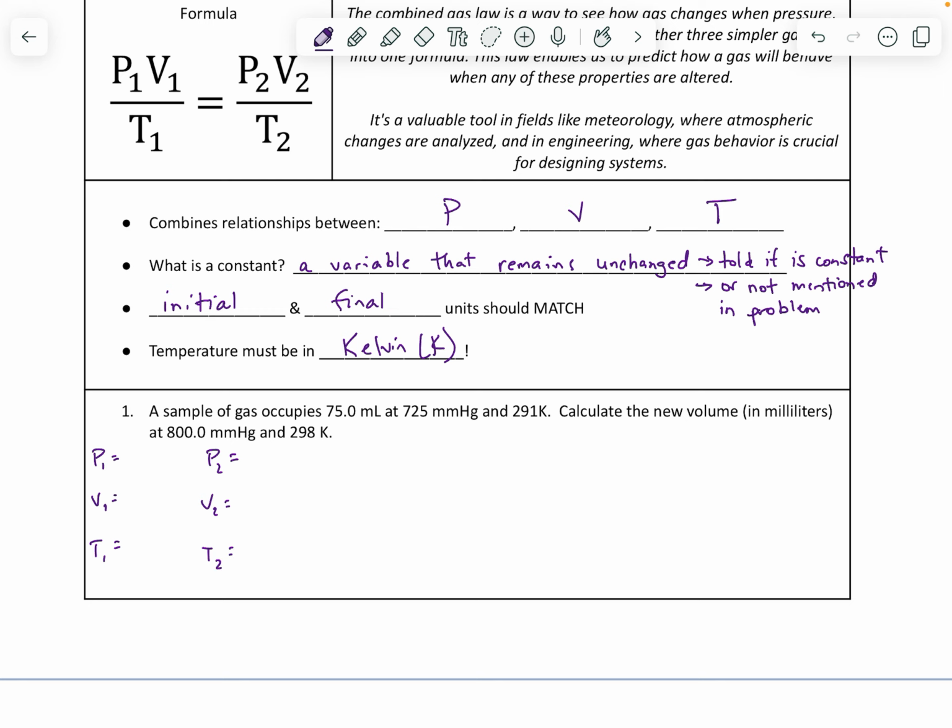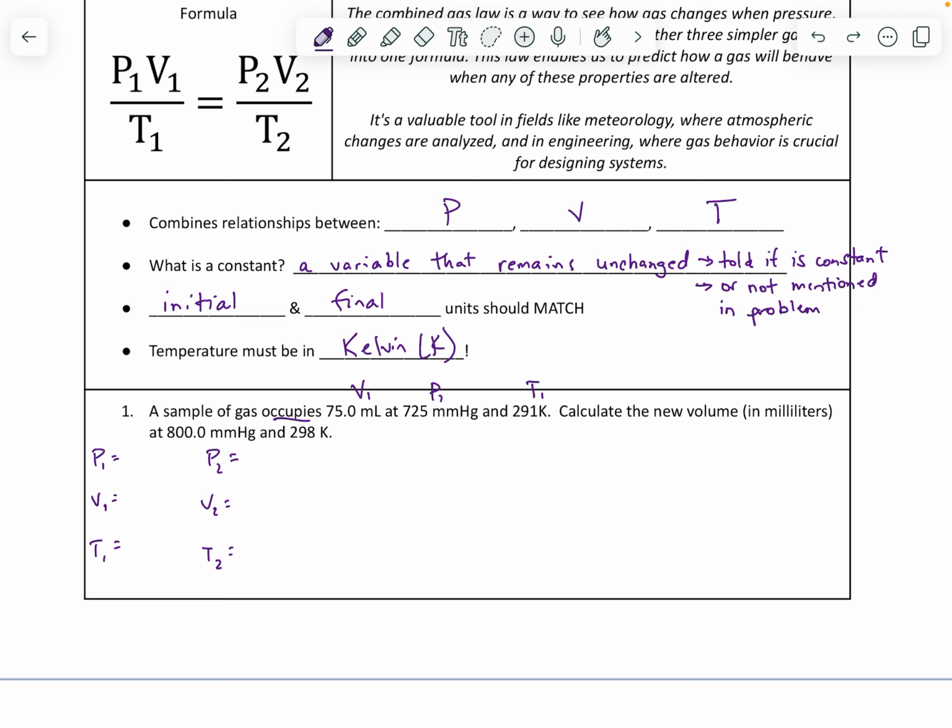And we've done something similar to this before. So reading in context, a sample of gas occupies this many milliliters at this pressure and temperature. So because it's occupying it right now, we know that that is the starting condition, which means that this is an initial volume. This is an initial pressure, and then this is an initial temperature. And of course, it's already in Kelvin, so we don't have to do any conversions.